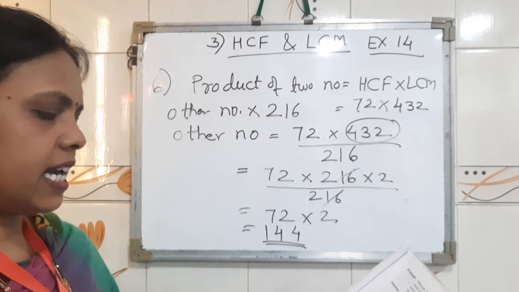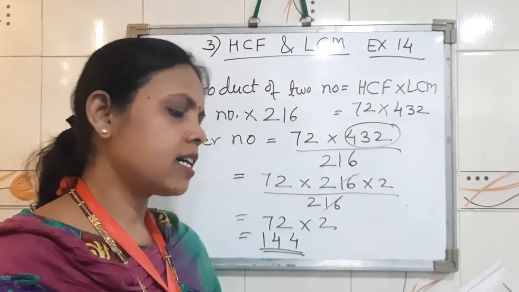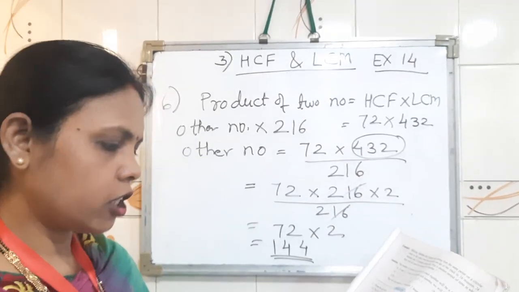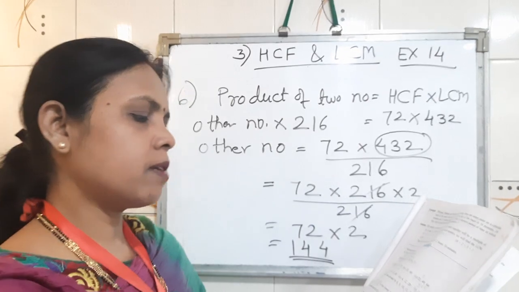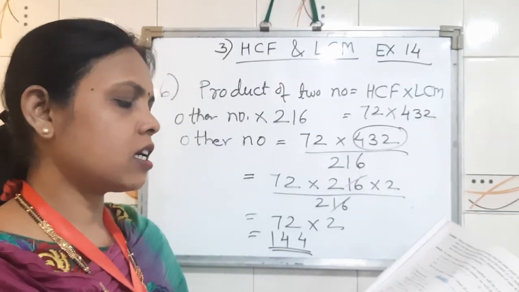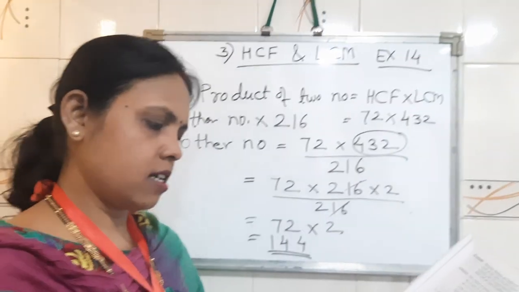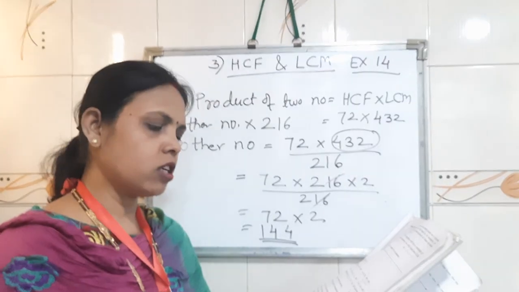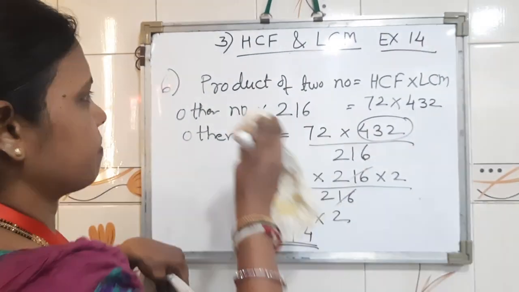Question number 8. A trader has 3 bundles of string, 392 meters, 308 meters and 490 meters long. What is the greatest length of string that the bundles can be cut up into without any leftover string?